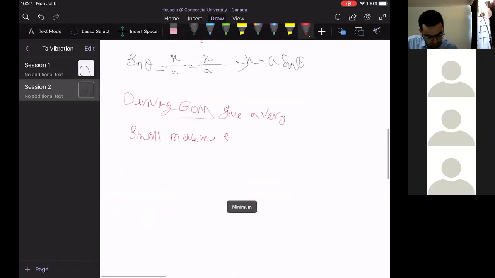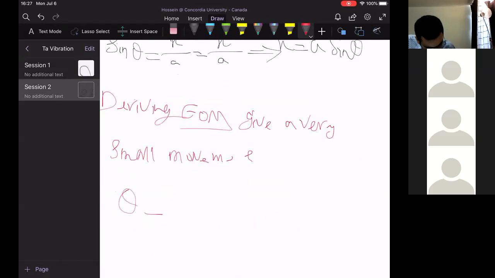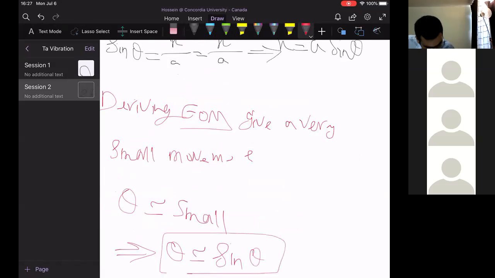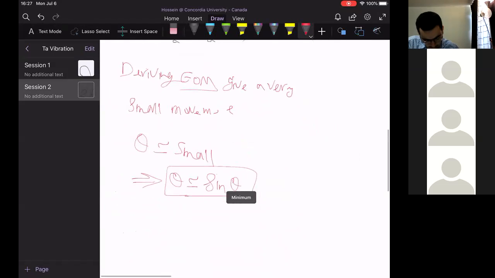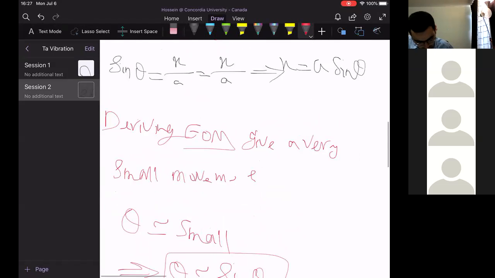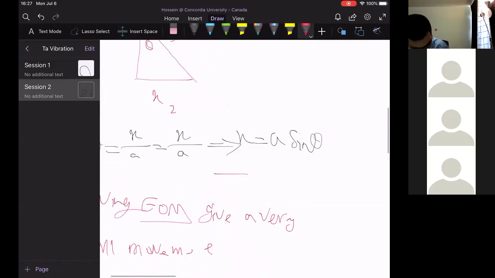Therefore, this is a good assumption. Theta is very small. Therefore, theta is approximately equal to sine of theta. Therefore, in all of our calculation, we could easily say that x is approximately equal to a multiplied by theta, right?